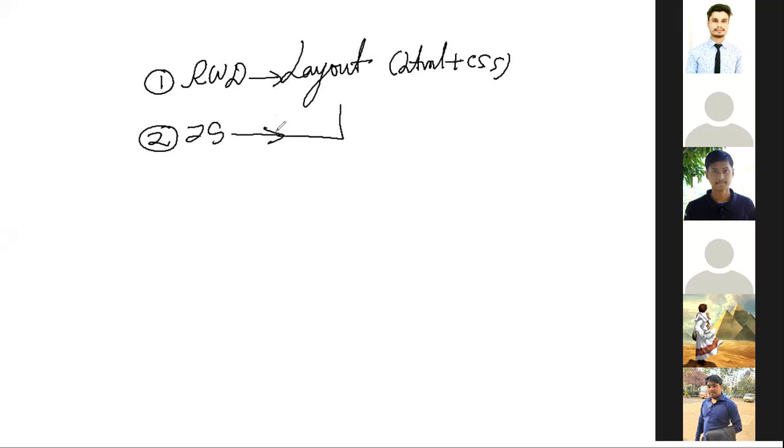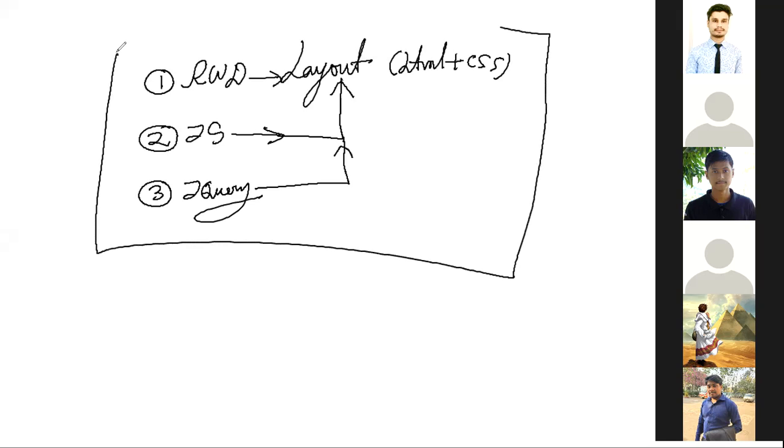On the same layout that you have done, you will apply JavaScript to get the functionality as it is defined. And the third project, when you complete jQuery, you will add more functionality, and that is going to be custom functionality. I will define them. This is going to be the complete front end.